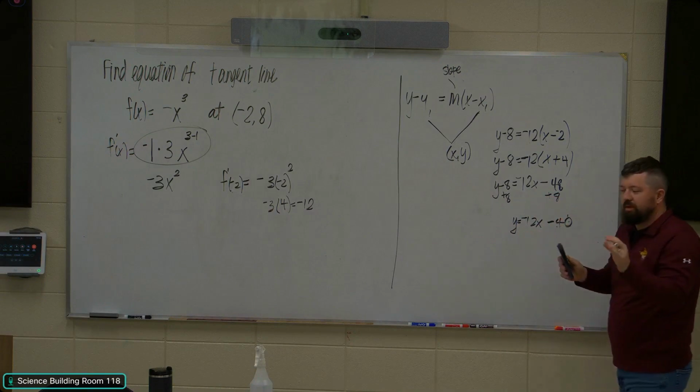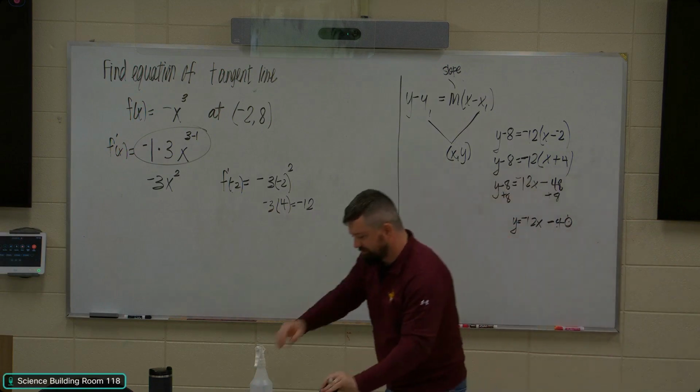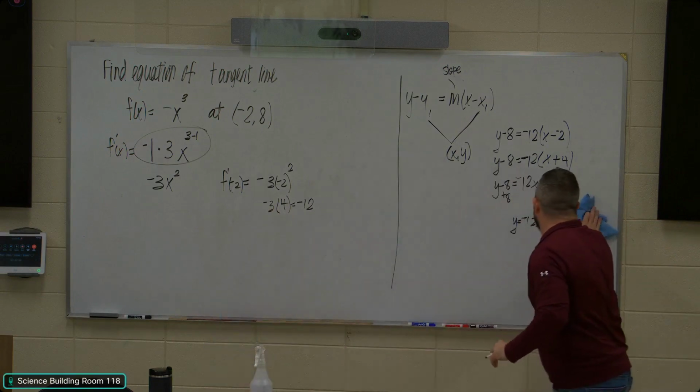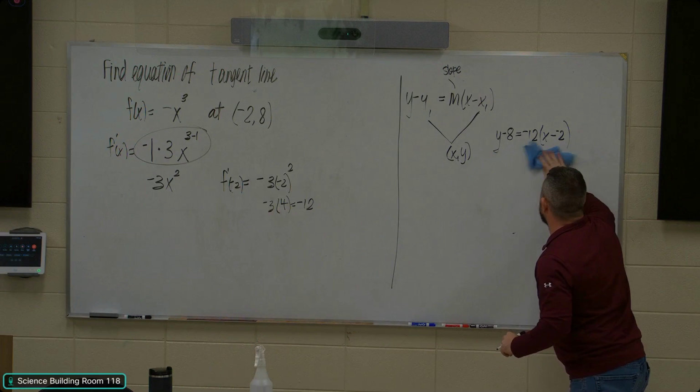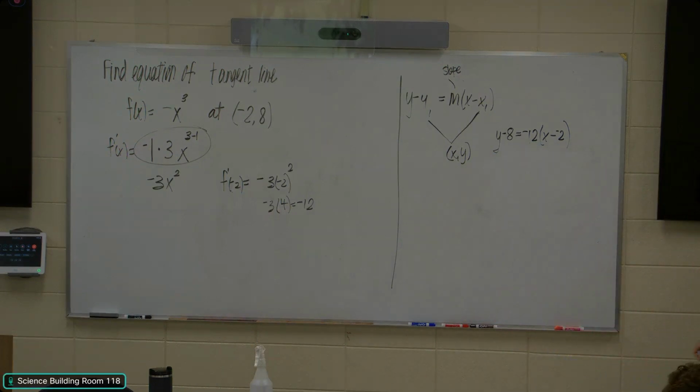Okay, so y'all, let's back up. Right, because you get redos in life sometimes, not always. But right now we do, because this is dry erase. Okay, so that point is -2. That is in there correctly. The slope is -12.